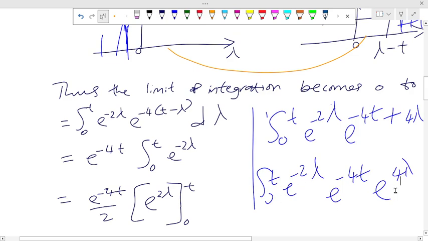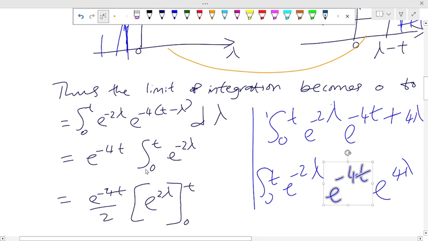This times this, you take one part and you sum what you have on top, which is this. Since we are differentiating with respect to lambda, this 4 minus t is treated as a constant. So we have 4 minus t outside.